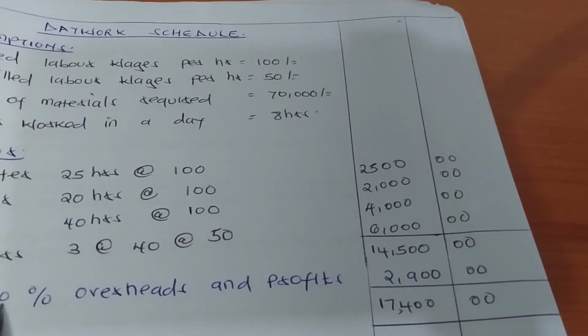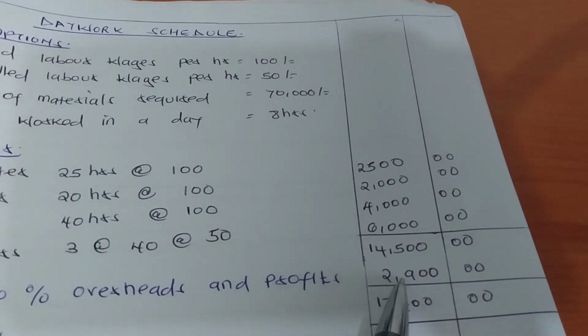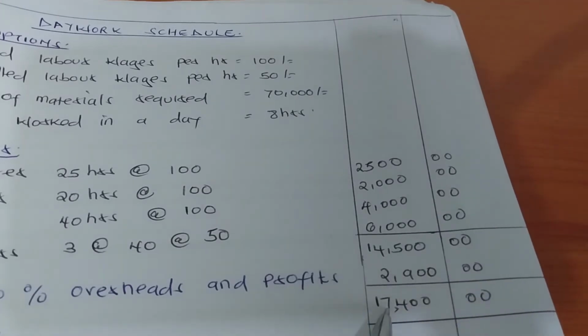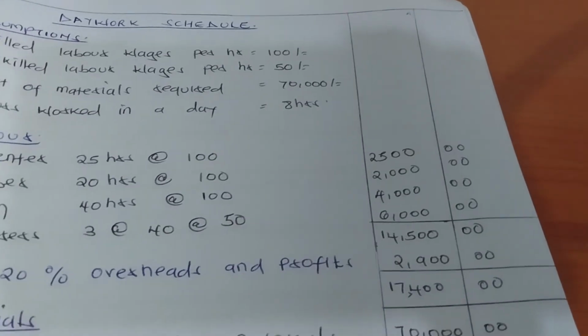And then we add 20% profit and overhead to that cost because we are expecting to get some profit. So 20% of 14,500 gives us 2,900 shillings. So the total will become 17,400. That is only for labor.